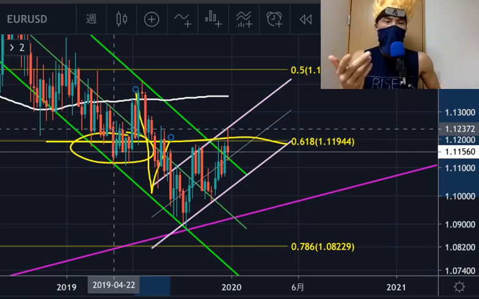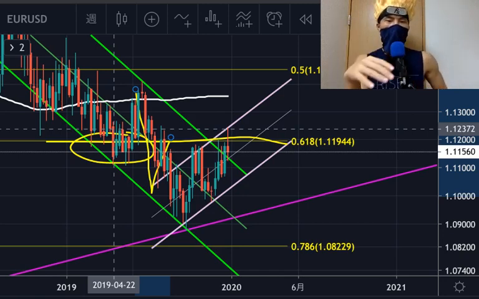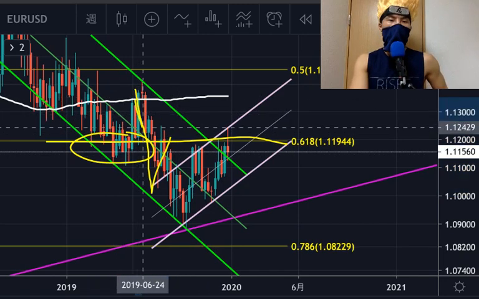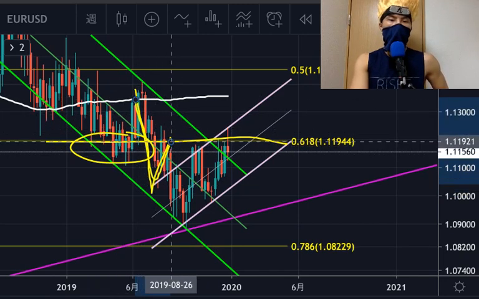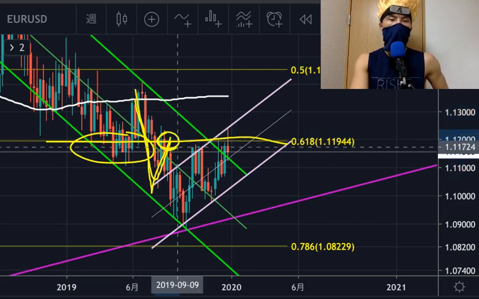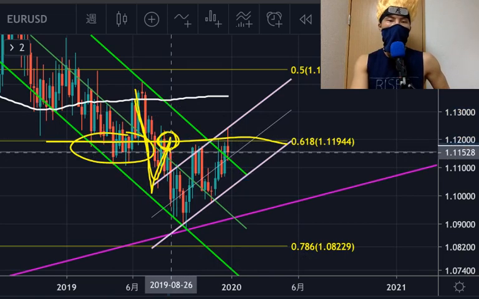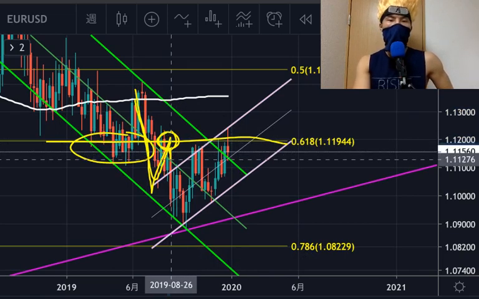I don't know how to say it in English, but break, one touch, break, one touch. So check this change, support to resistance, break, one touch, and lower lows.